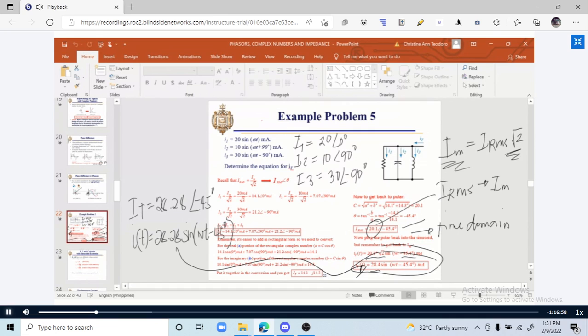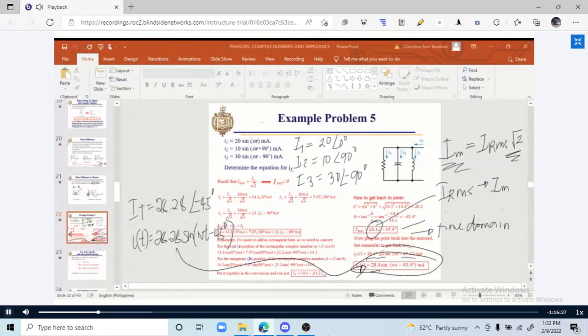So, can we already add I1, I2, and I3 being on a time domain setup? Can you add them on that setup?